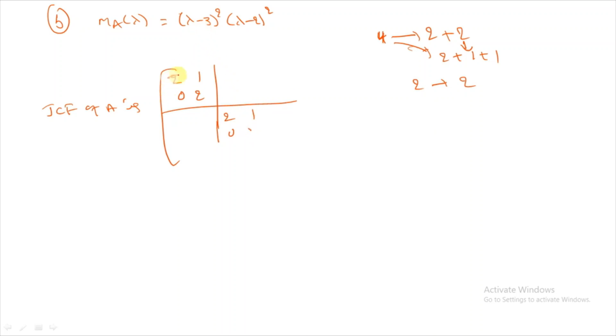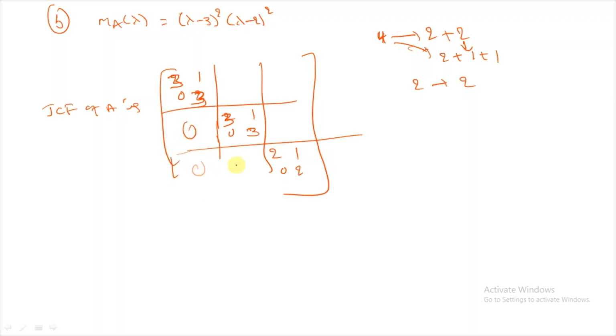This diagonal occurs 4 times. Next, the Jordan block for lambda 2 is 2, 1, 0, 2. All the other entries are zeros.